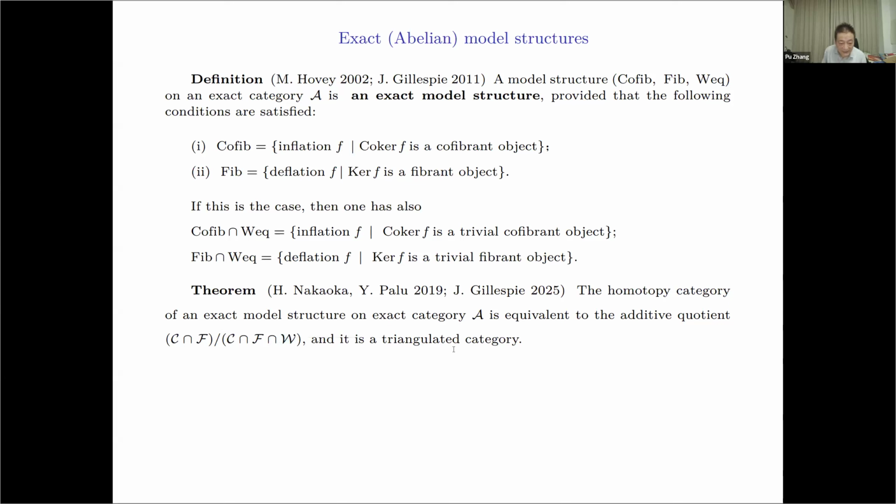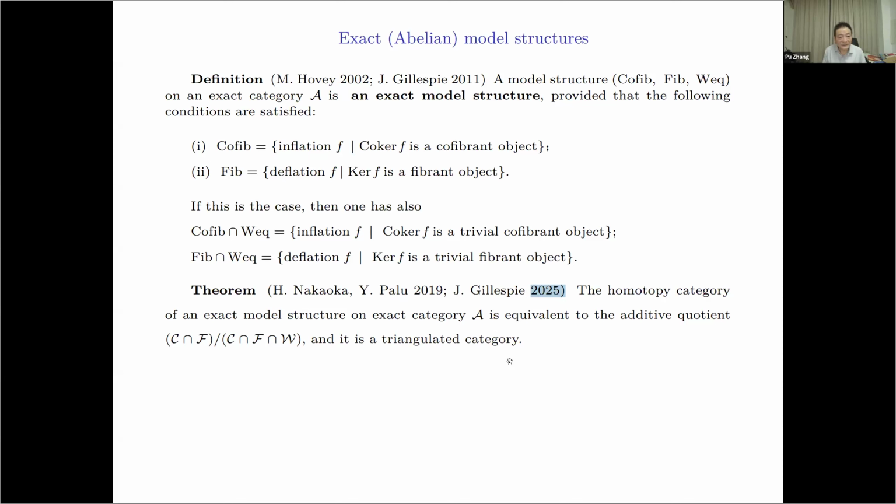And the most important point is that it is a triangulated category. This is quite a new result, for example in Gillespie's new book this year, and of course in 2019 in the paper of Nakaoka and Palu on extriangulated categories. They have this, but the proof in this book is more understandable.